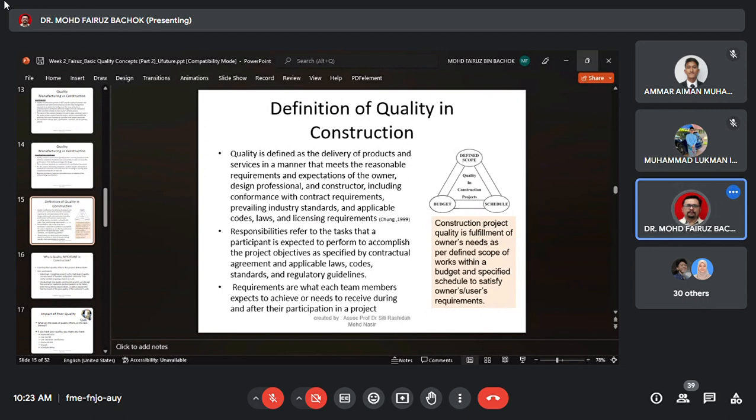Let's say they said your project should be done after 2 years, then you have to complete the project by the end of 2 years. This is what is meant by contractual agreement.